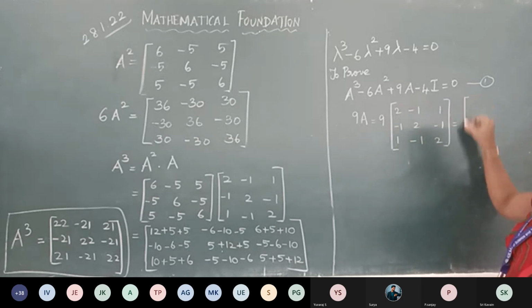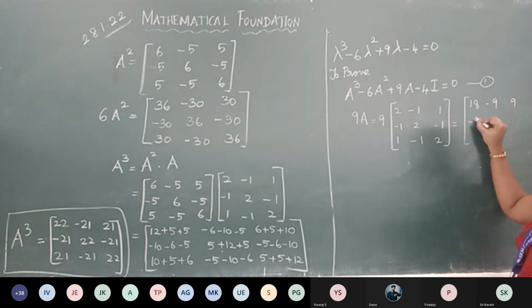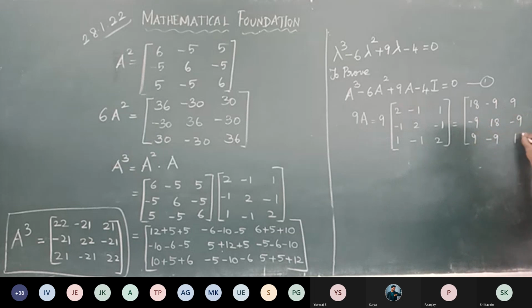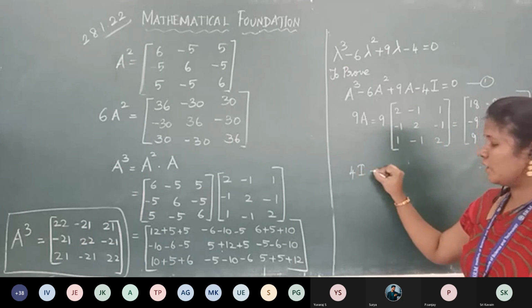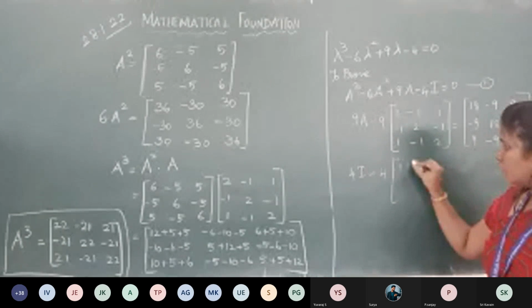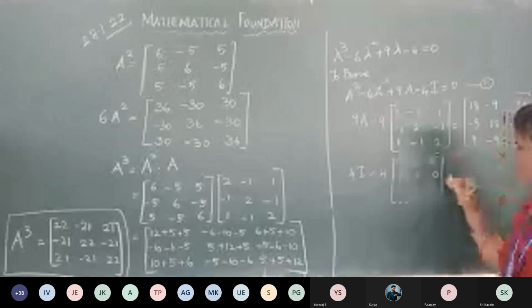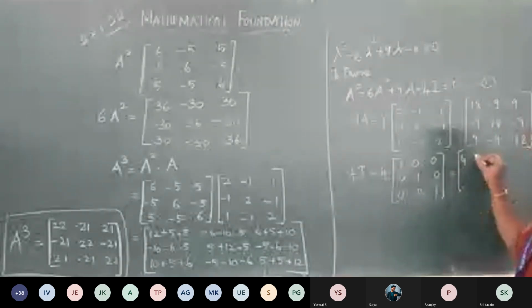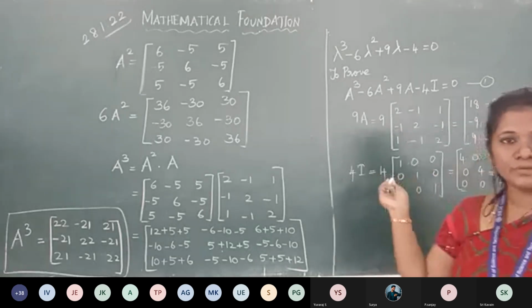So when you multiply it, you will have 18, minus 9, 9, minus 9, 18, minus 9, 9, minus 9, 18. This is your 9A. Then find out your 4I. 4I is nothing but, since it is a 3 cross 3 matrix, 4 into 1, 0, 0, 0, 1, 0, 0, 0, 1. When you multiply it, you will have 4, 0, 0, 0, 4, 0, 0, 0, 4. So 4I also we have written.